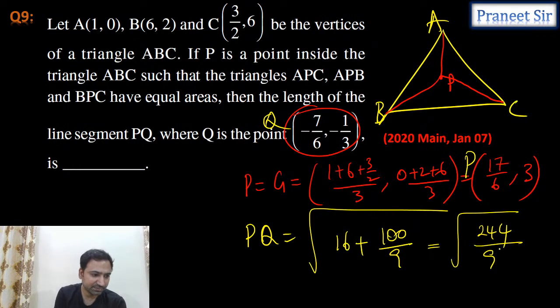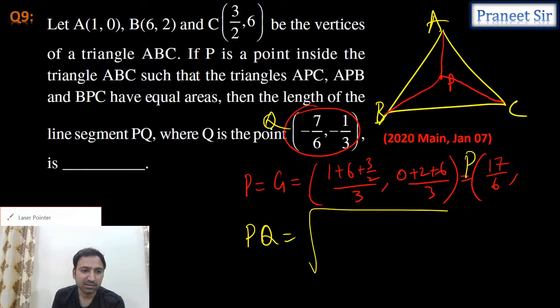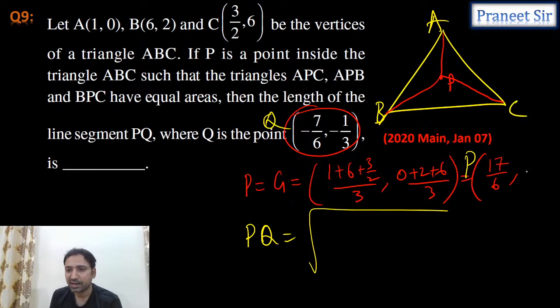Correct? What? Y is 8 by 3. Here I made a mistake. Right, this is 8 by 3, guys. 2 plus 6 is 8 by 3.